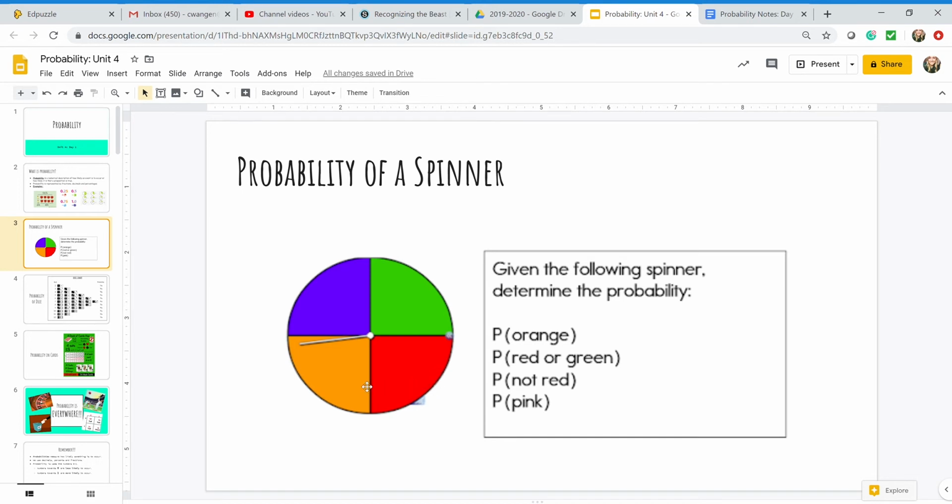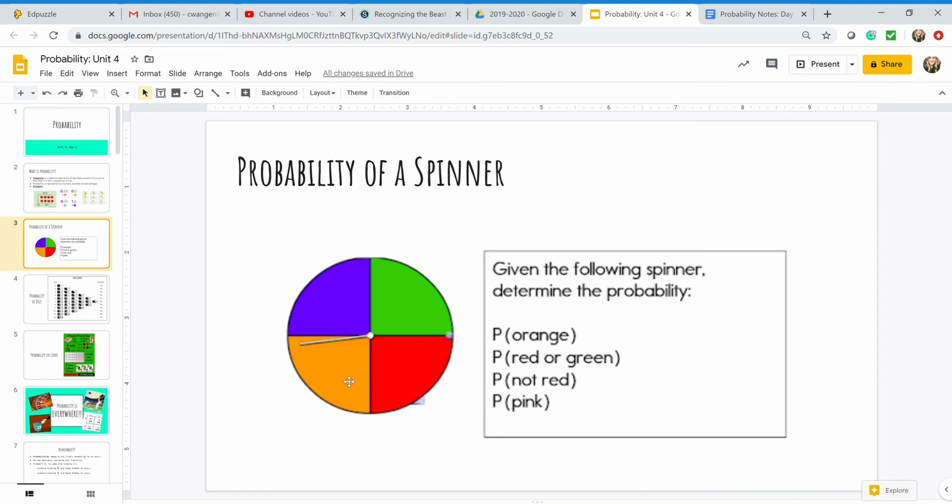Then we're left with 3 parts. You can do this many ways to figure out probability. Obviously, with the advanced brain that I have, because I've been studying probability for 26 years, I know that the probability of it not landing on red is 75%, because 25 plus 25 plus 25 is equal to 3/4 and also equal to 75%.